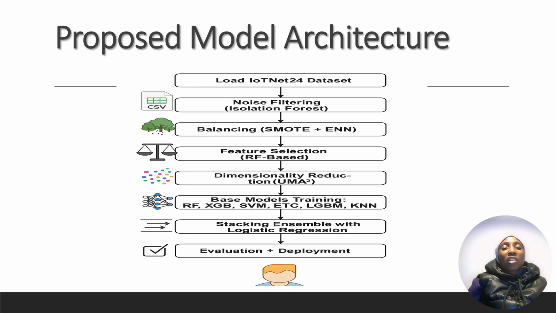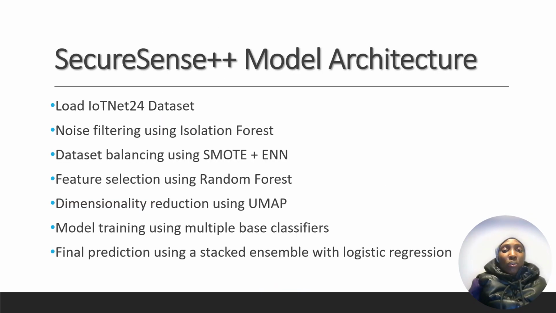Then we did dimensionality reduction by using PCA, and we trained baseline models like random forest, XGBoost, SVM, LGBM, KNN, and those models were then stacked together as an ensemble, and we used logistic regression as the meta-learner. Then we evaluated our model, and then it was also deployed.